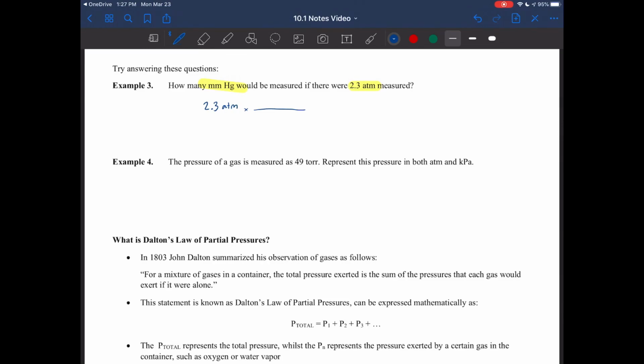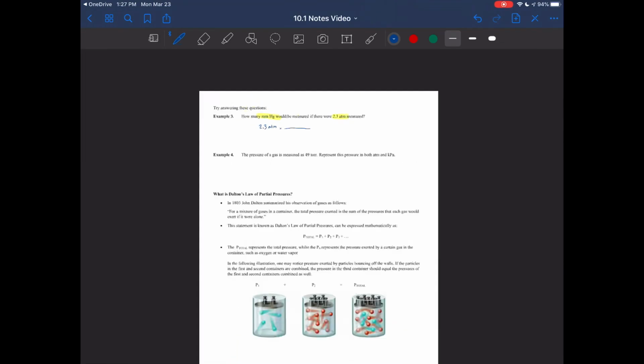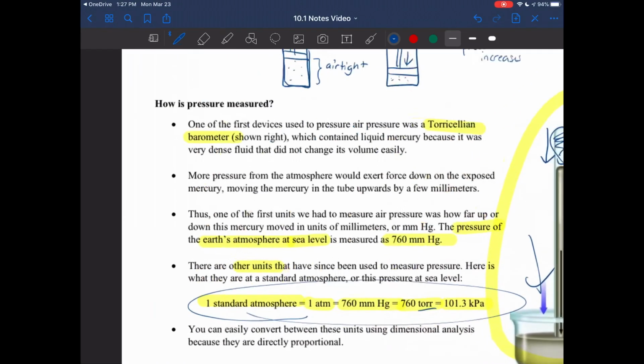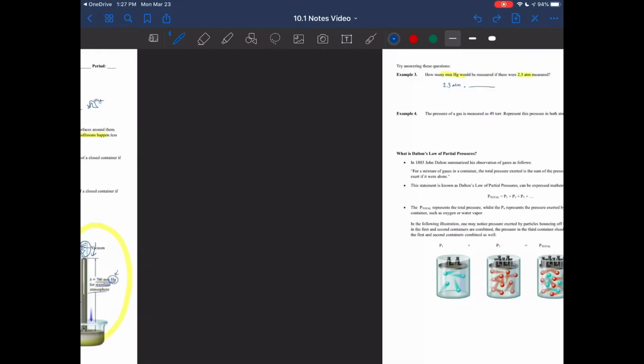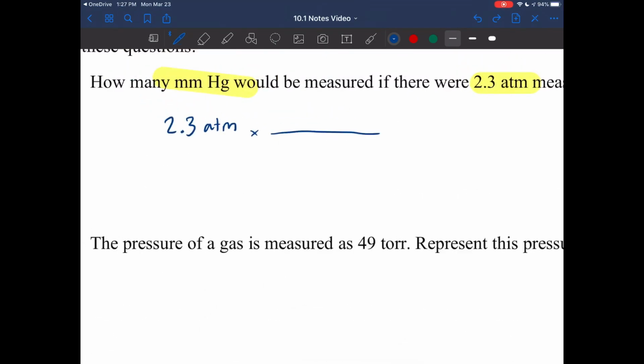We're trying to get from atmospheres to millimeters of mercury. So in this conversion factor, there's 1 atmosphere for every 760 millimeters of mercury. So on the bottom, I need to write atmospheres to cancel that out, and there's 1 atmosphere for every 760 millimeters of mercury.